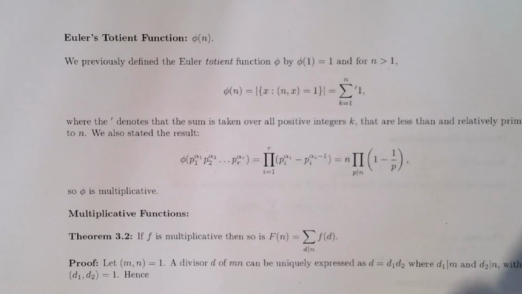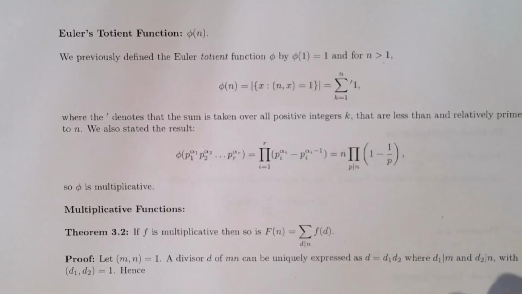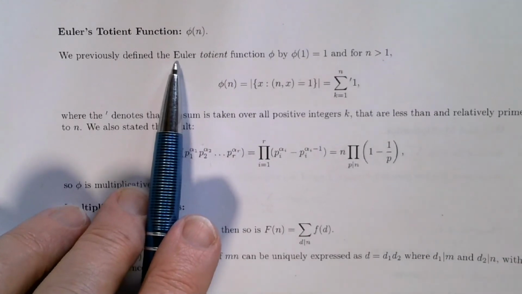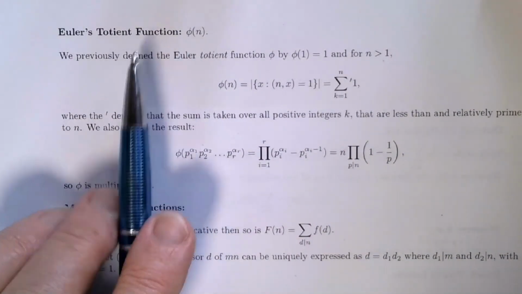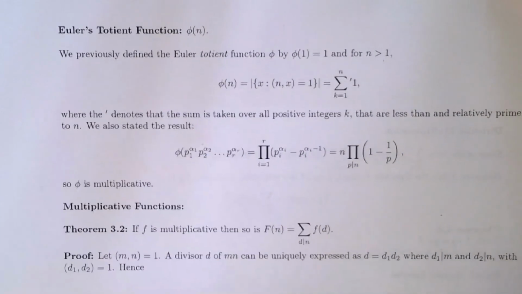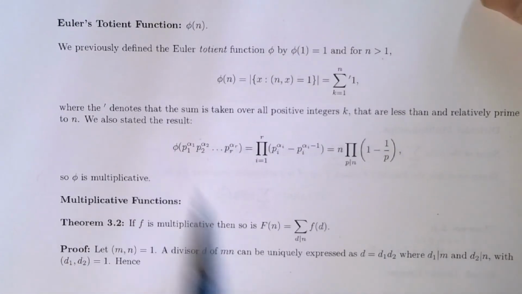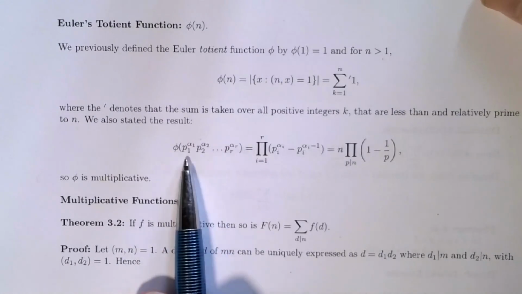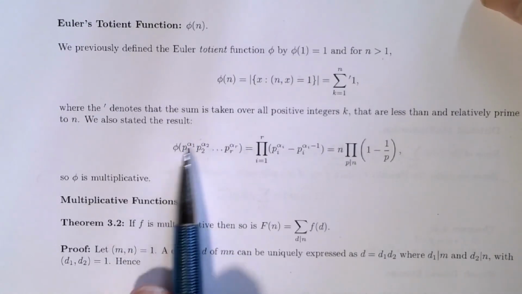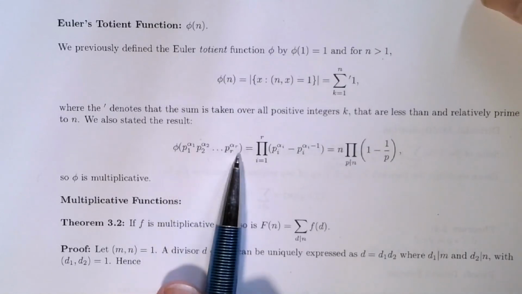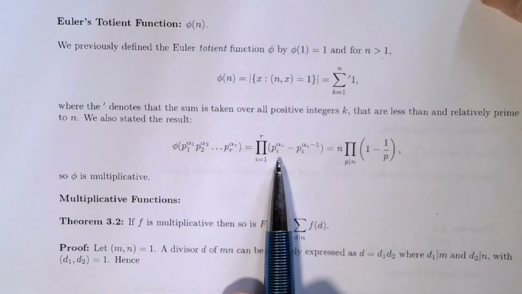We saw this function before, in one of the earlier chapters, I think in chapter 1. And we also saw the result there that if we take n and uniquely prime factorise it, then phi of p to the alpha is just this product.